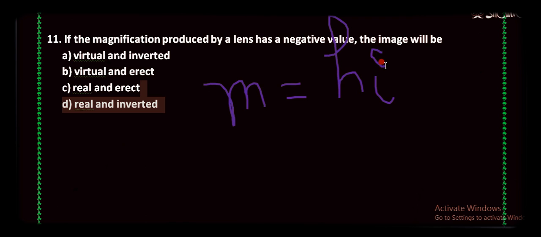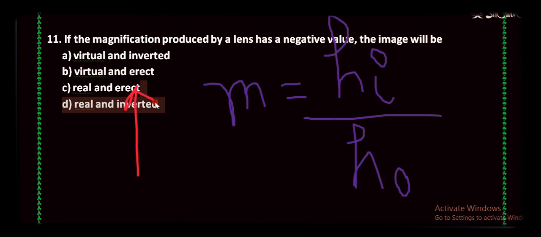So students, height of object is always positive because object is always vertically upward, and we take upward height positive. So this is always positive.